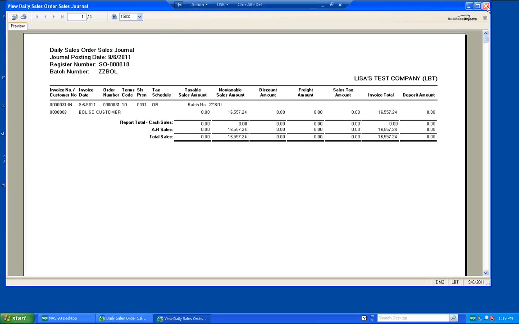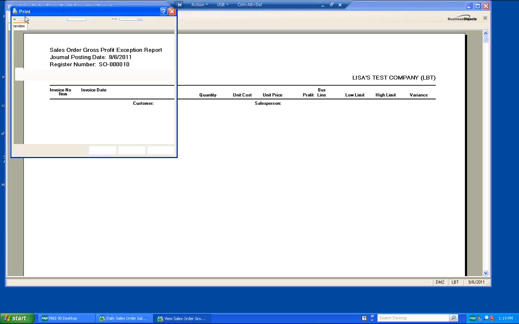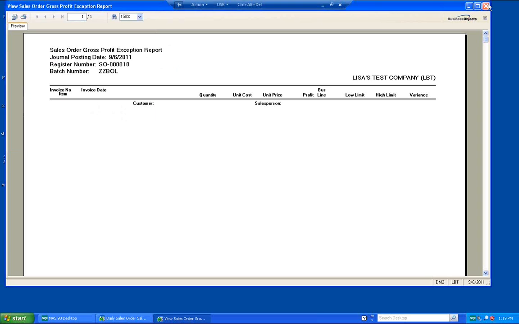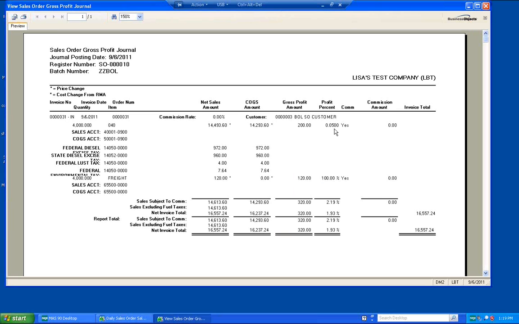And because my price was within the tolerances, I don't have an exception on my exception report. I look at my gross profit journal, and I'm getting my 5 cents a gallon like I should have the first time around.